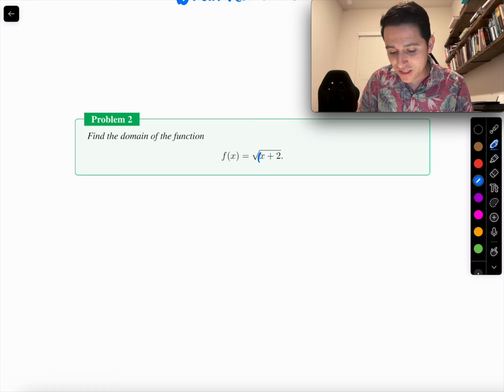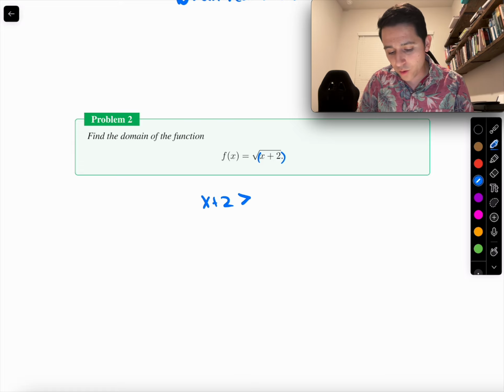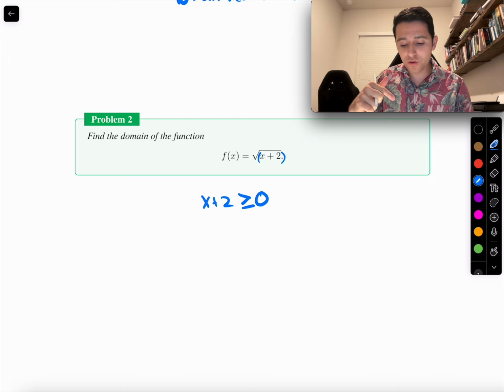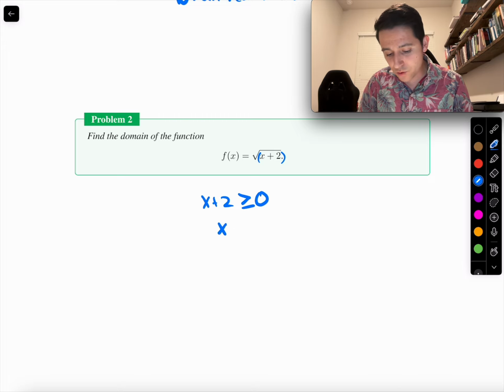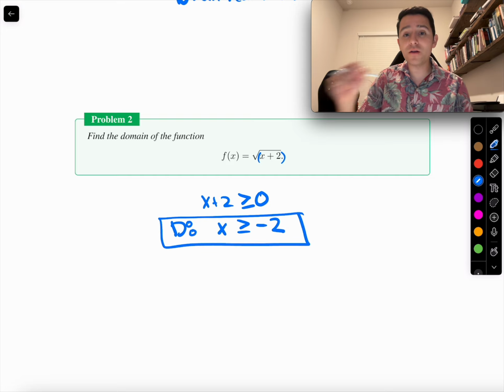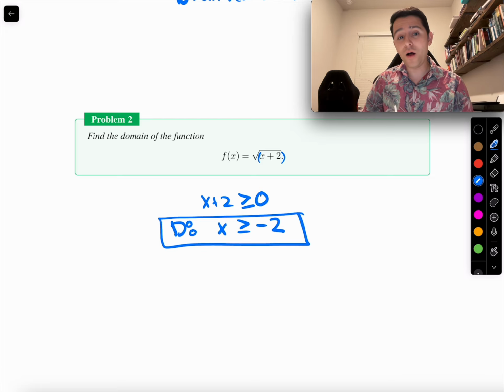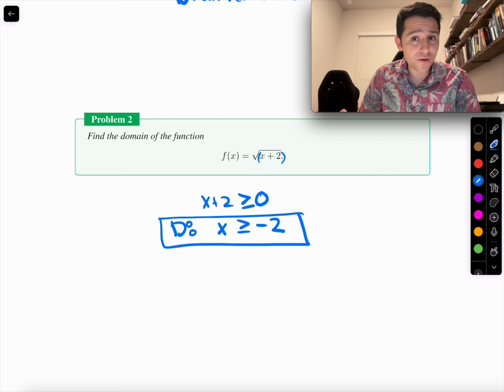Take the inside, x plus 2. This cannot be negative, so it must be greater than or equal to 0. Now solve this: move the 2 over. X needs to be greater than or equal to -2. This is your domain. This guarantees that the inside is a positive number or equal to 0.